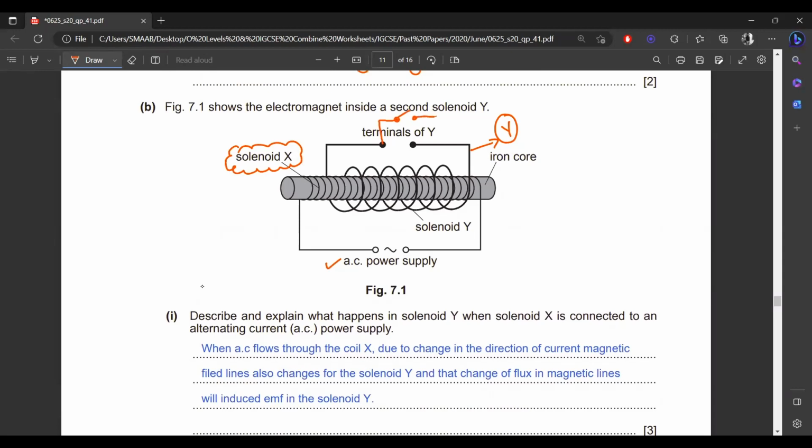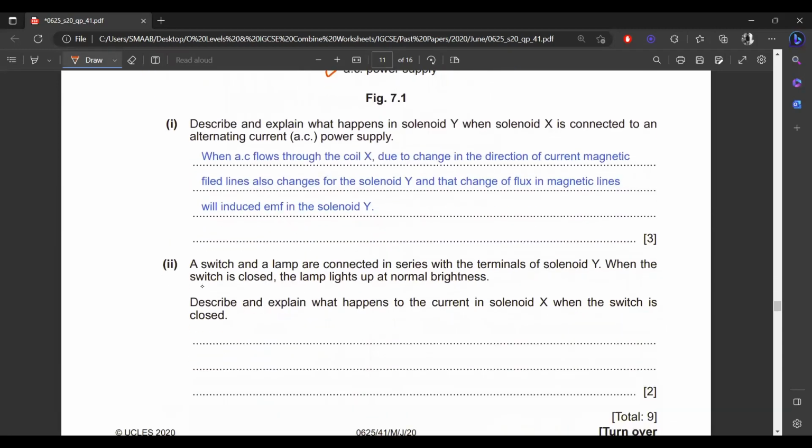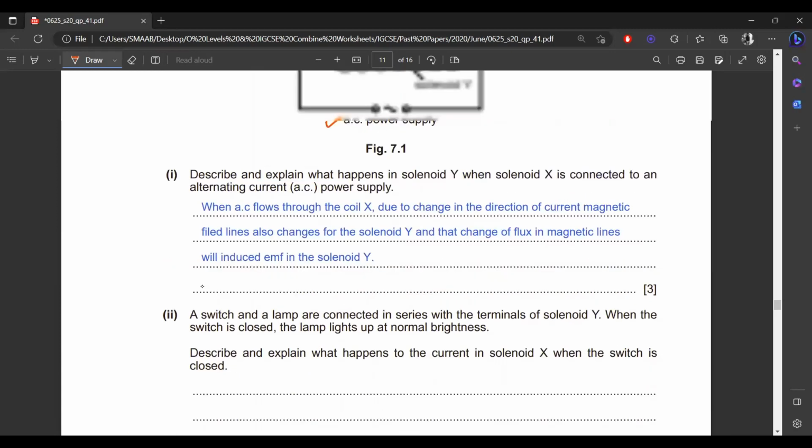And then we have a lamp, and this connection will complete over here. So this is like a series combination, right? And they are asking, describe and explain what happens to the current in solenoid X when the switch is closed.